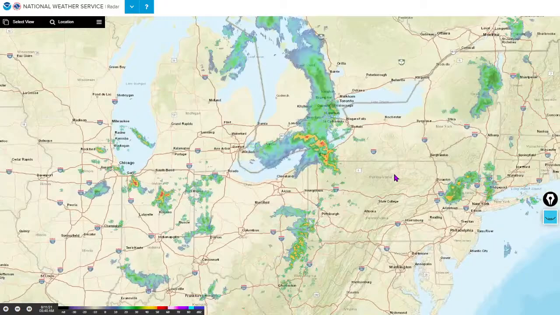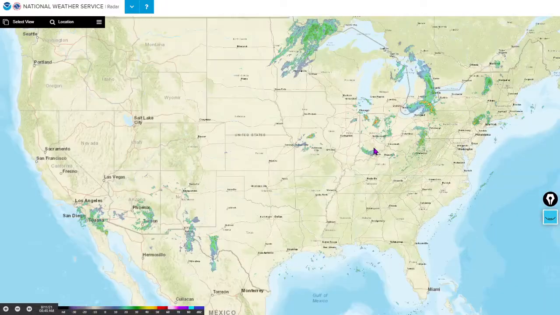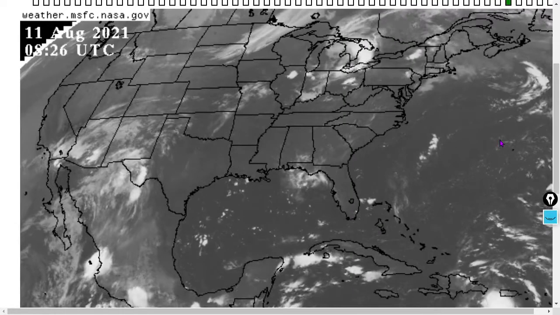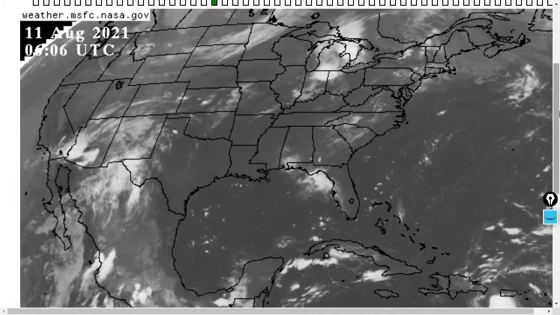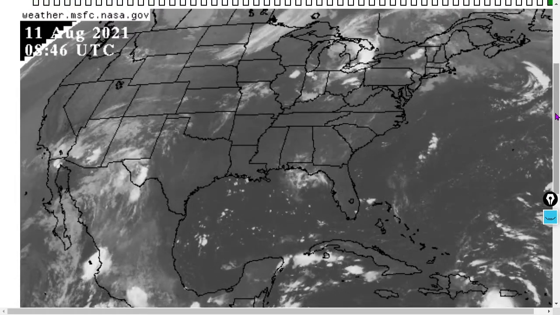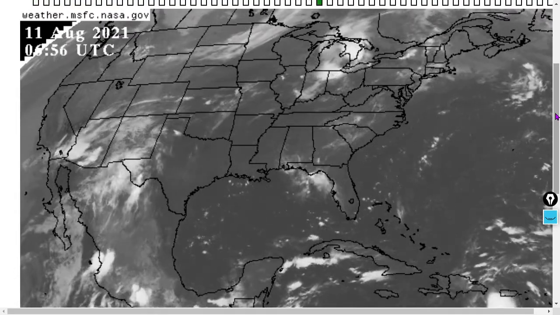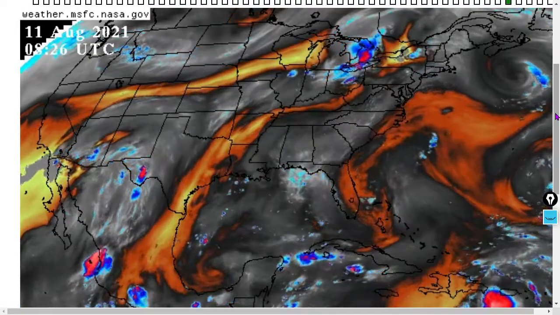Let's see if we can get a better idea of the storm track by looking at the cloud layer and the water vapor. So here's the cloud layer map. There's the cloud layer map. And here's the water vapor.